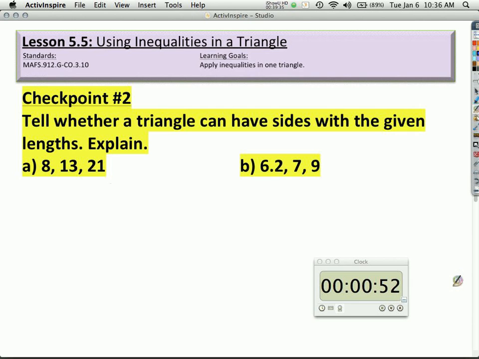Got it? You all got it? You all got the same thing?